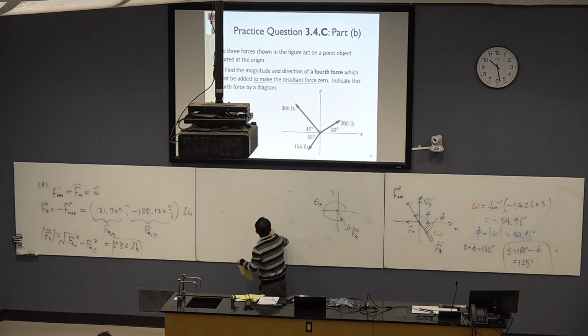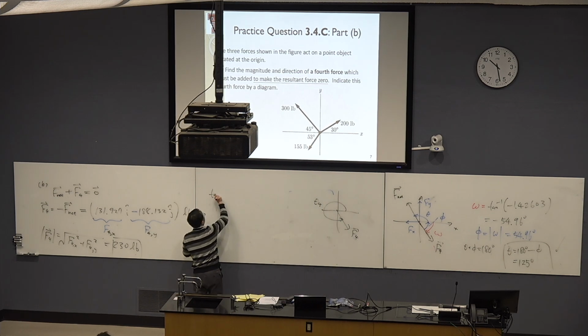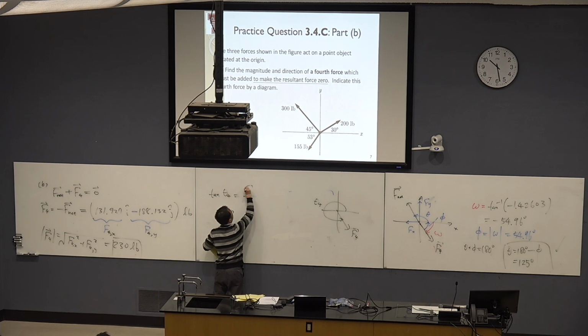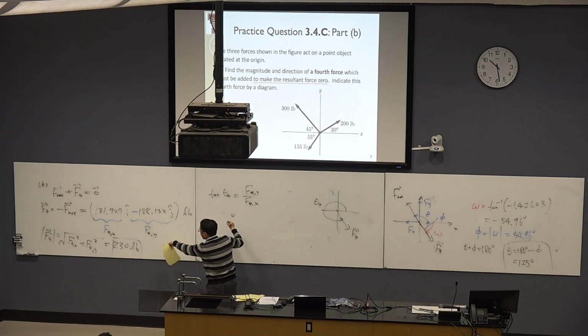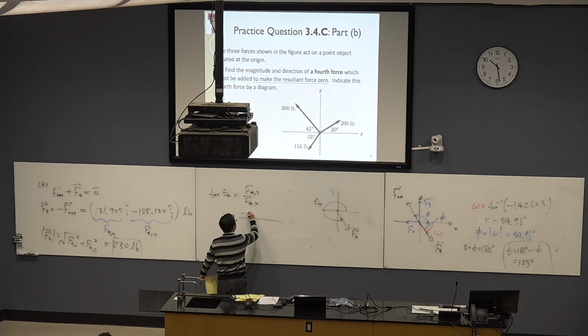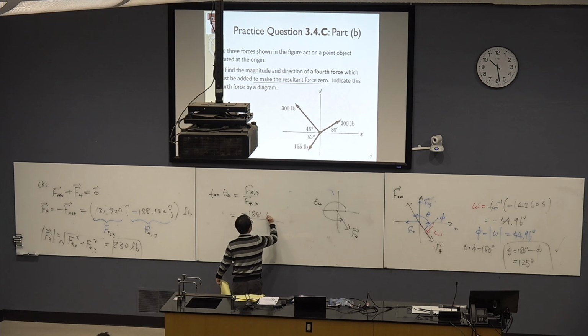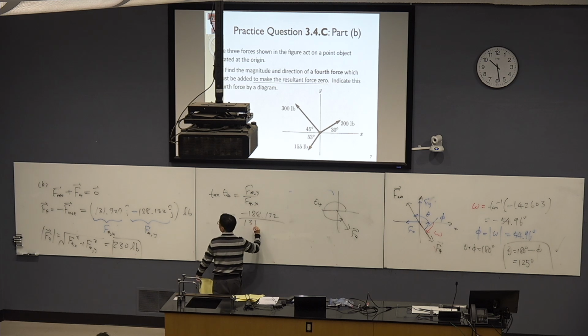Now let's see how we can get this. Tangent theta 4 equals F4y over F4x. Let's consider this ratio: negative 188.132 divided by positive 131.927.